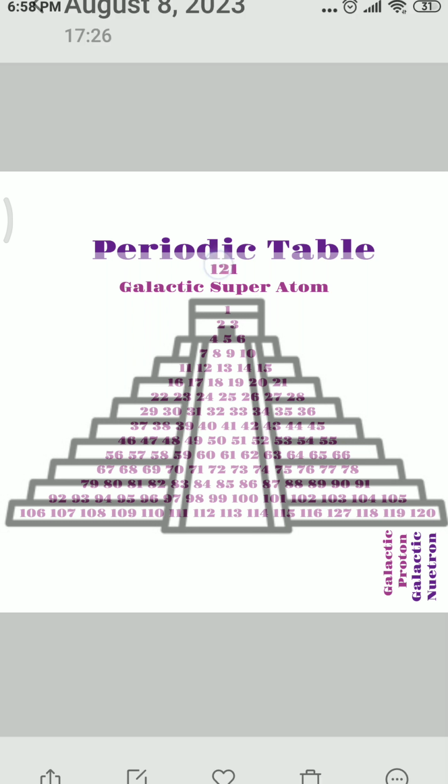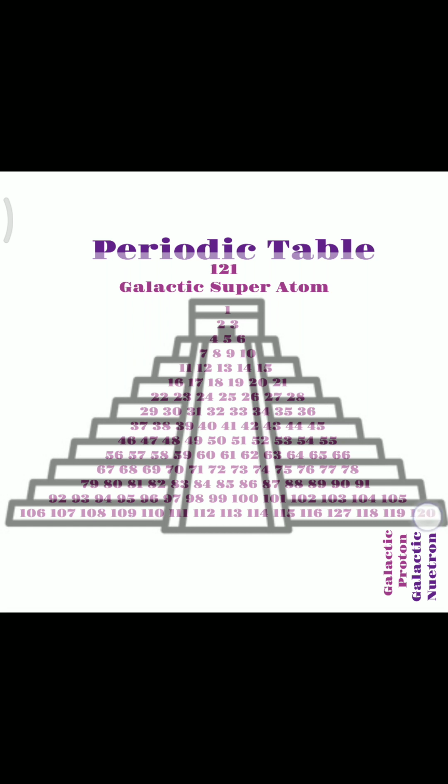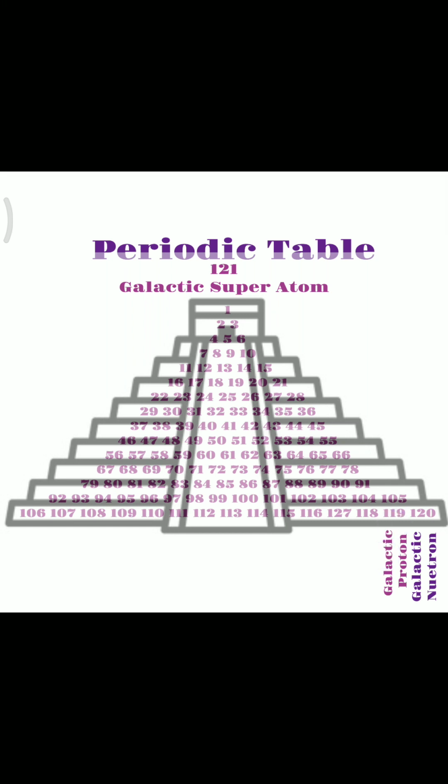So that 121 gives up some energy and becomes 120, which is like a neutron, a galactic neutron, and then that gives up one photon again and becomes 119, which is nothing but a galactic proton, or a photon.